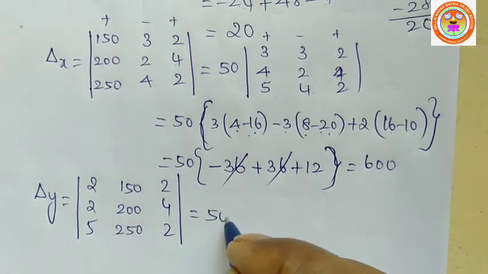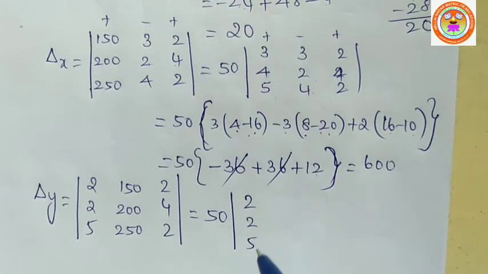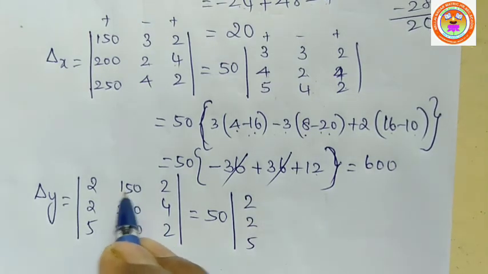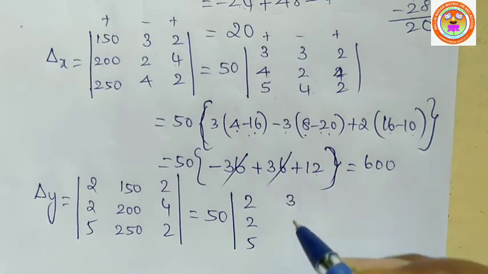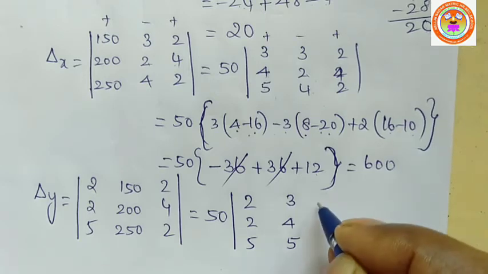If you are taking 50 outside, 3 times 50 is 150, 4 times 50 is 200, 5 times 50 is 250.